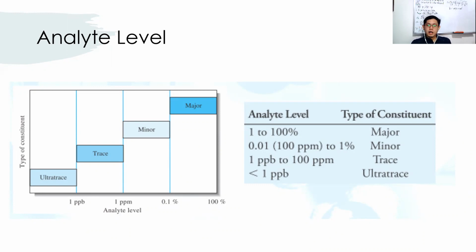Kasi kapag nag-degrade yung analyte mo na ultra trace, hindi mo na siya ma-detect. So, kaya yung mga HPLC system, high performance liquid chromatography, meron na silang oven sa loob, or meron na silang cooling system sa loob, in case you need your sample to be stable at a certain temperature.